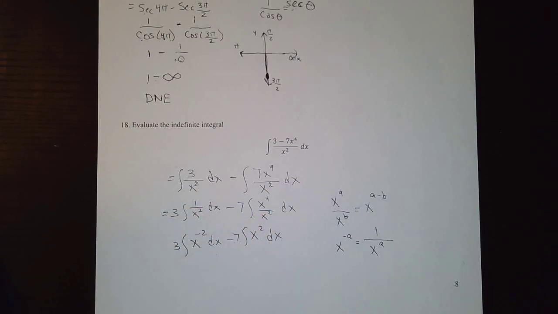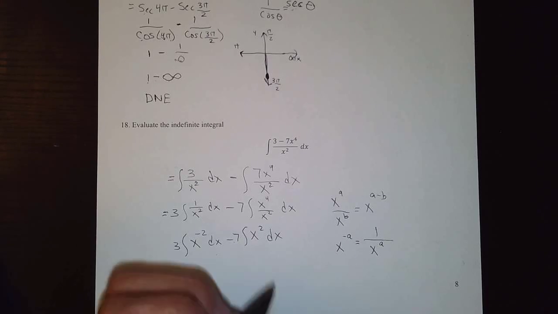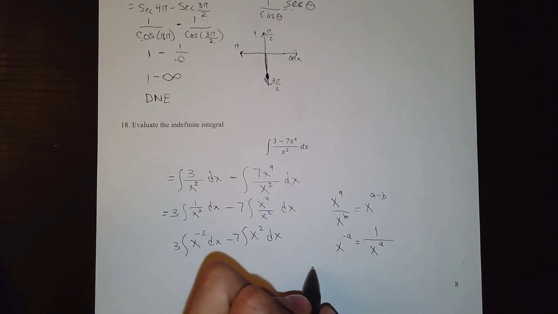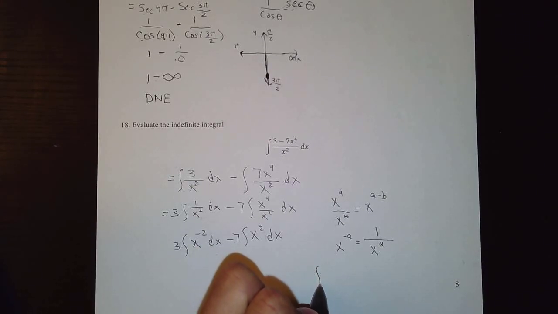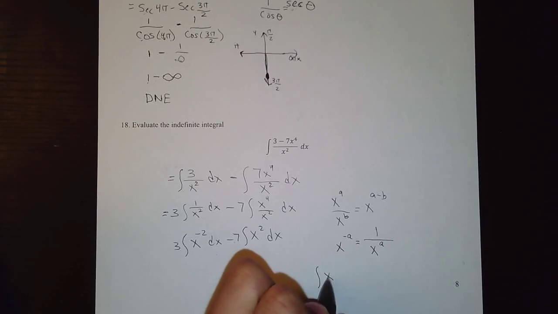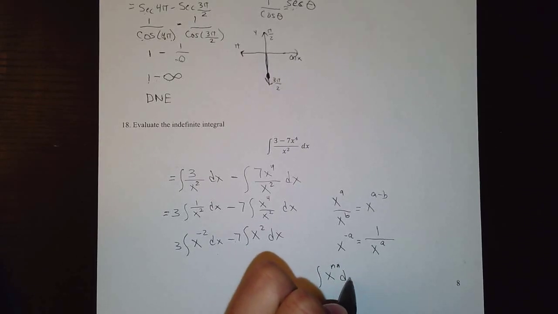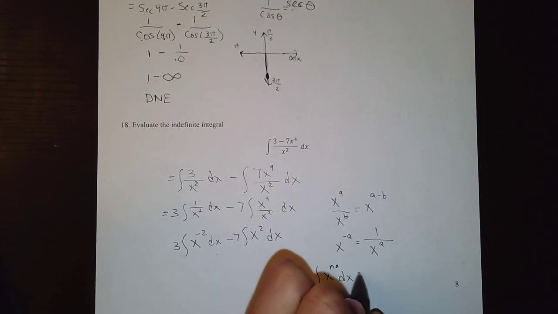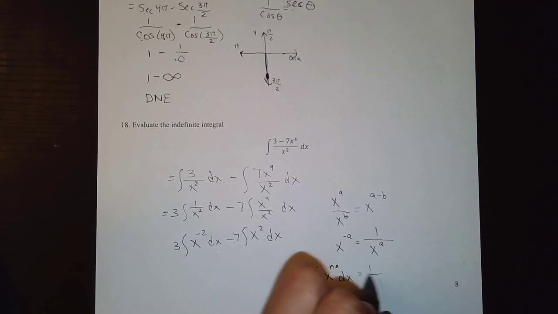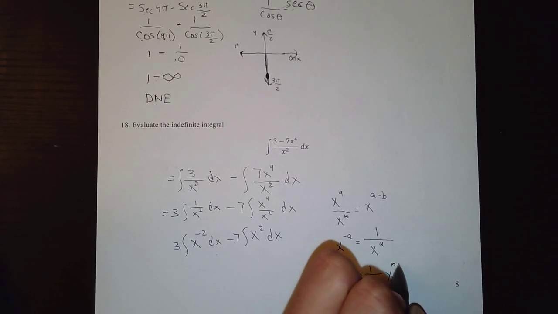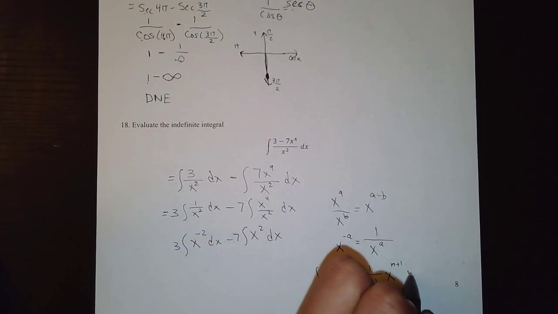And now we can finish off the integration using the integral rule for powers. The integral of x to the power of n dx is equal to 1 over n plus 1 times x to the n plus 1, plus c.